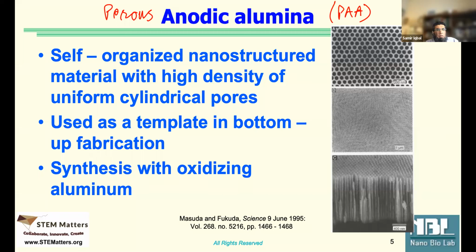And this has been around for more than 30 years. So we took that and used it as a template to make nanowires and many different nanostructures. If you see the lower picture, that's showing a cross section of that honeycomb structure, which shows very well organized nanoscale cylinders in it. And that has been used to do many things.